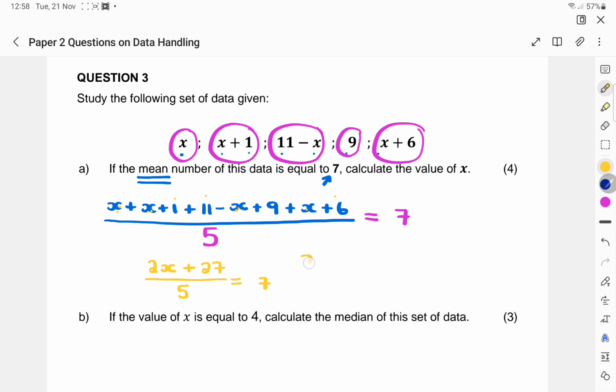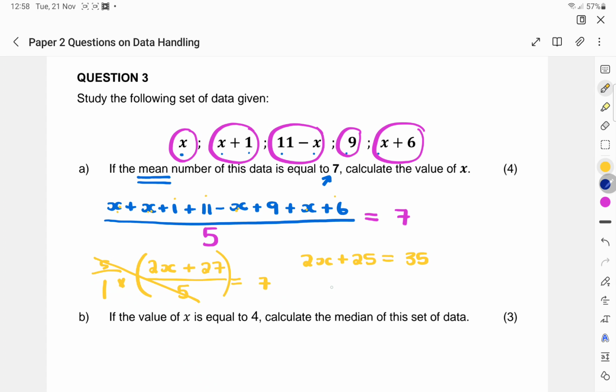Okay, so now I'm going to take that, divide by 5, and I'm going to times by 5 on both sides. And 7 times 5 gives you 35. All right, so what I did here is I timesed by 5 over 1. That cancels out.